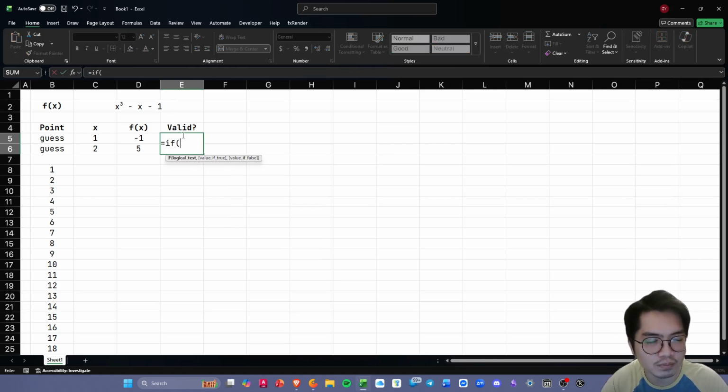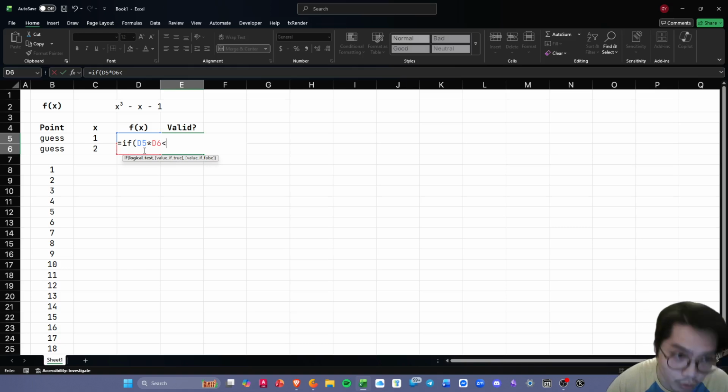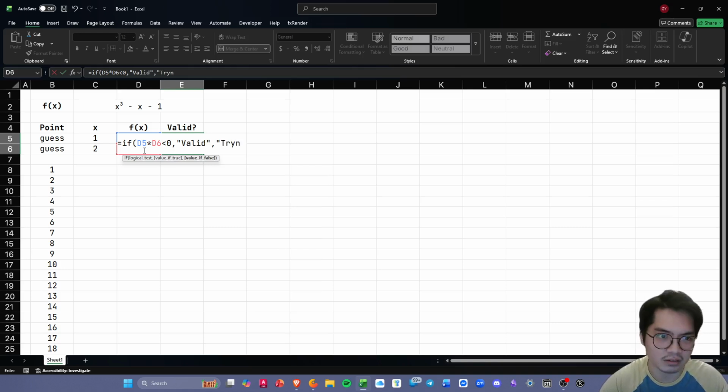What I will say is that if a condition is met, we can go on ahead. So if this times this is less than 0, that means it's negative. So that means the value is true, valid. And in this case, otherwise, something like try again.